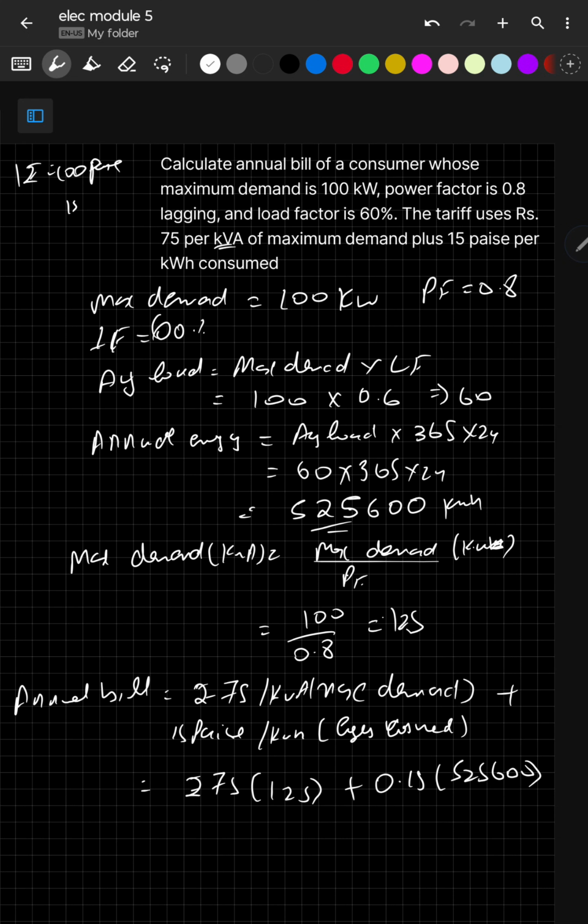So 75 into 125 is 9375 plus 0.15 into 525600, which is 78840. That will give us 78840 plus 9375, which is 88215. That's the annual energy bill.